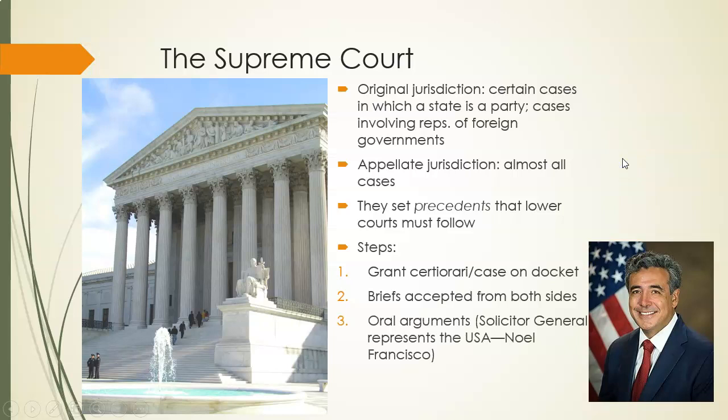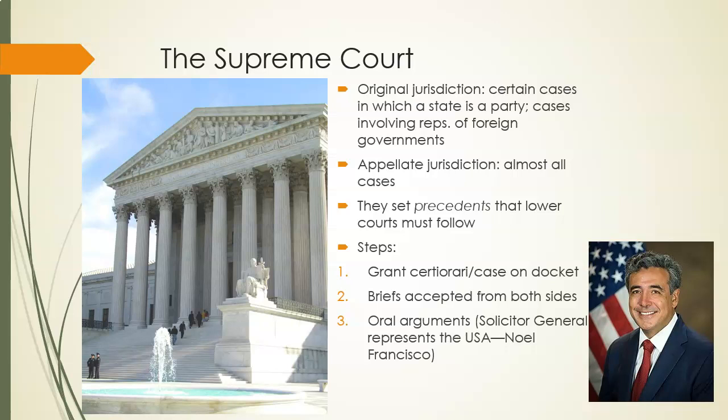Okay. And then the next step is they have oral arguments. In oral arguments, you actually go into the court, and you go before the judges. You have about 30 minutes, sometimes 45 minutes, sometimes an hour. They usually set the time limit for them. And if you're there, you're the lawyer. You're not actually the person. You're the lawyer for that person.